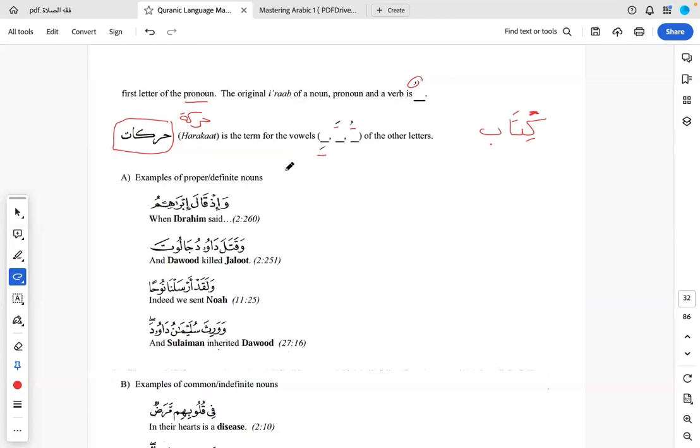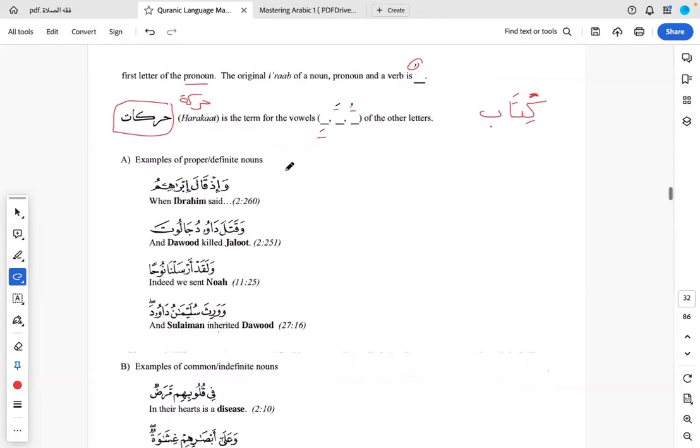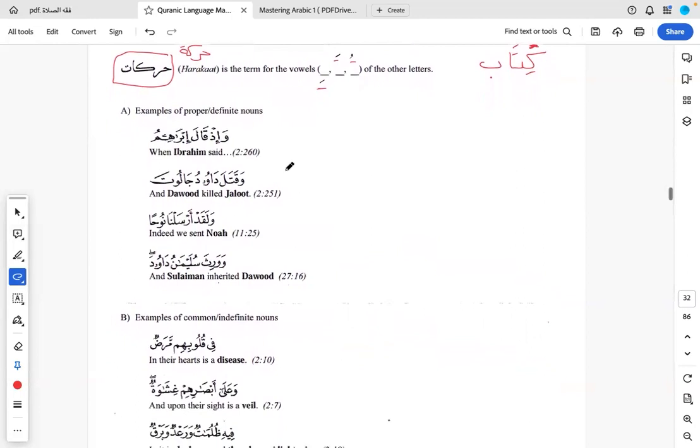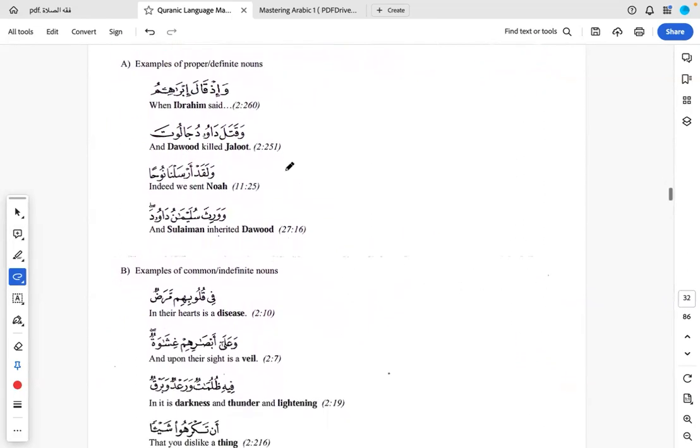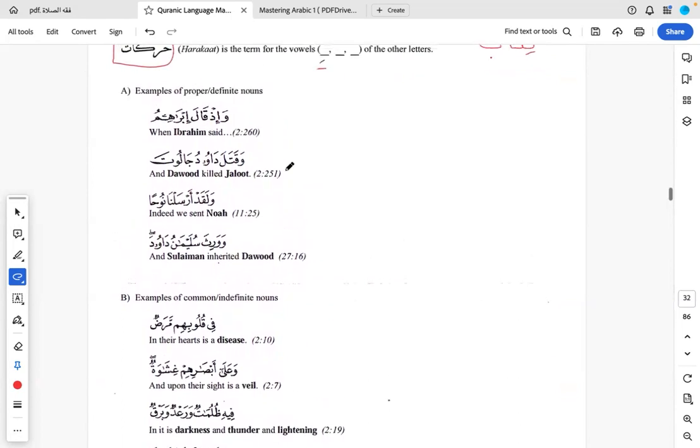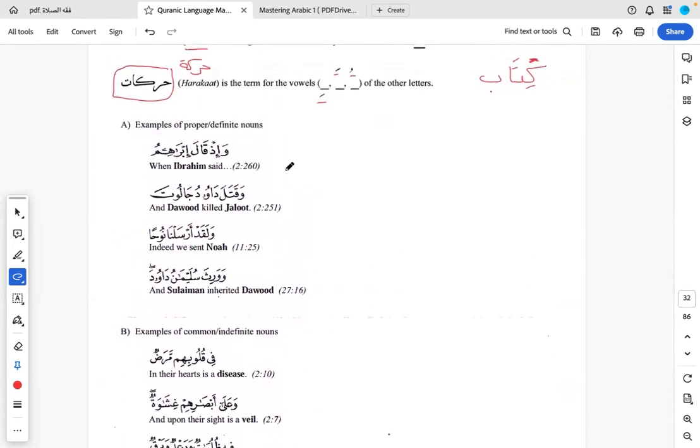Now, let us apply what we have learned today about the proper or definite nouns and common or indefinite nouns to some of the ayat in the Quran, as you can see. So examples of proper nouns. وَإِذْ قَالَ إِبْرَاهِيمُ.